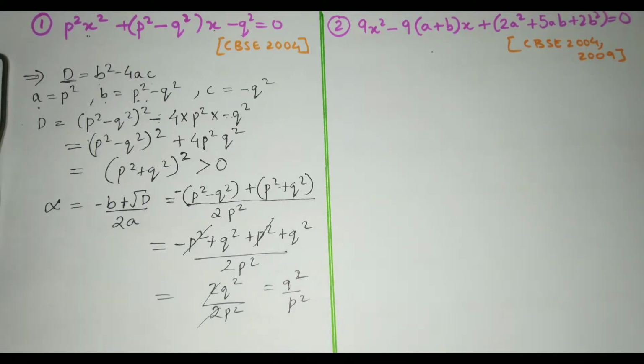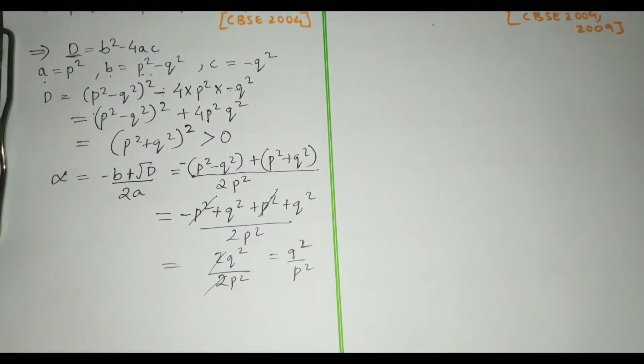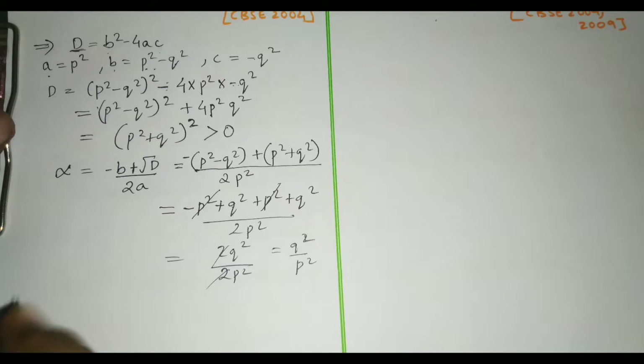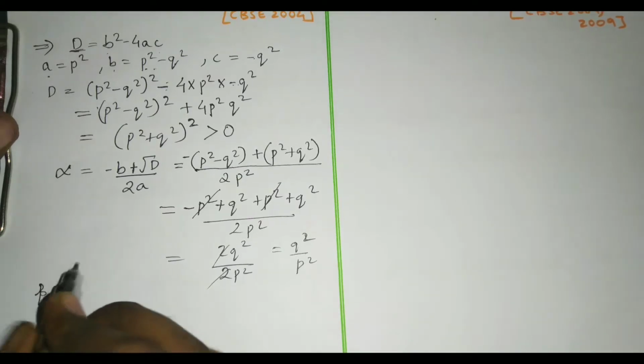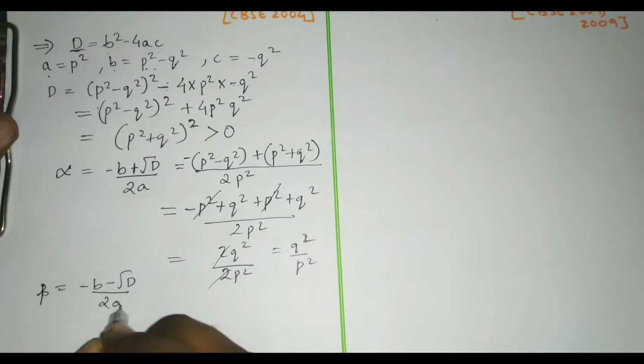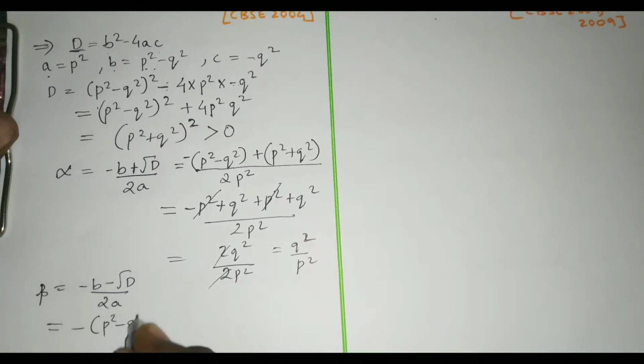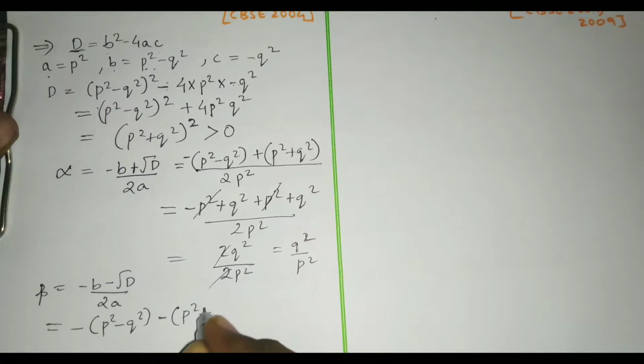Now you have to apply the beta formula to find the other root. So we'll apply beta equal to minus b minus root D by 2a. Which is equal to minus b, we know minus b is minus p square plus q square, and minus root D, that is p square plus q square, by 2p square.